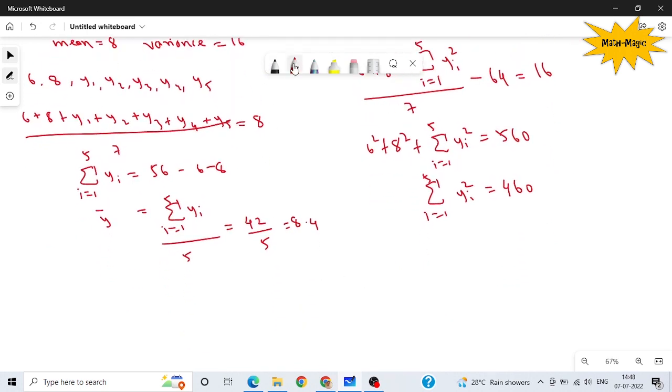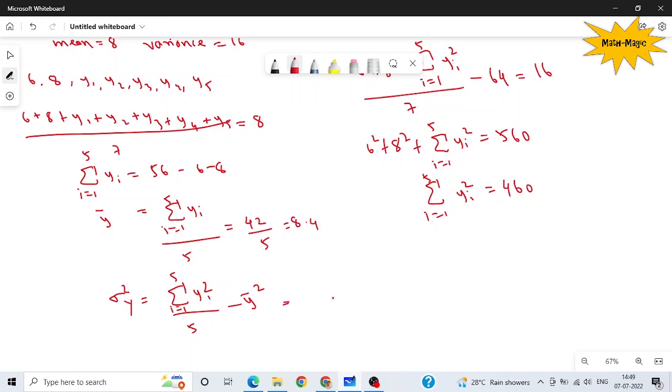Let's call the variance of y sigma square of y. Basically, sigma y denotes the standard deviation, and sigma y square denotes the variance. So this is equal to the summation of yi square upon 5 minus y bar square, where i runs from 1 to 5.